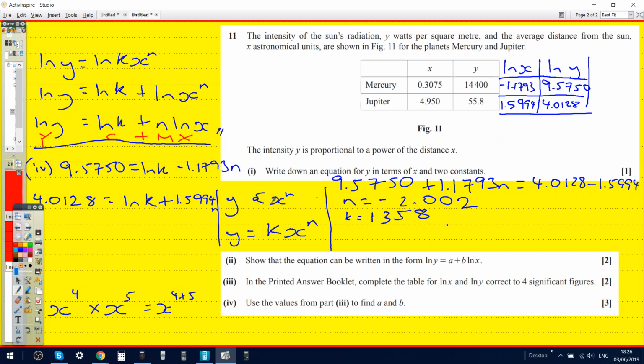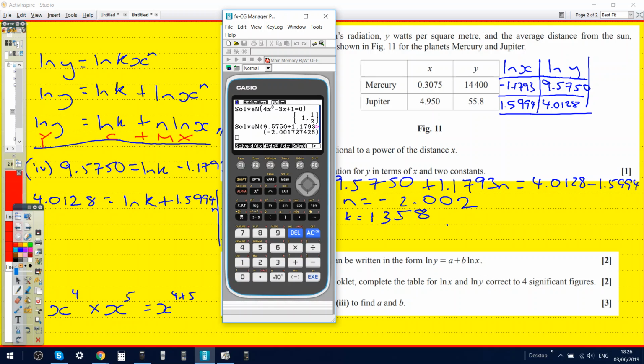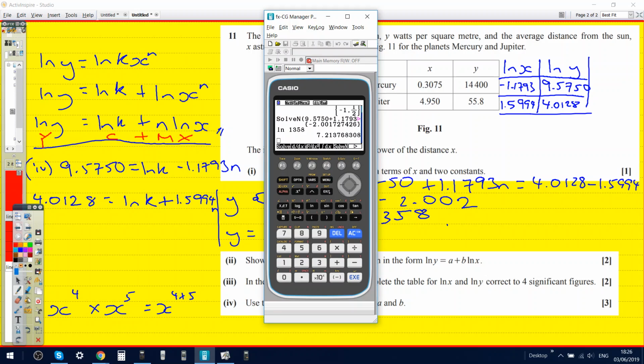Oh, okay. Do you want to do it as well? I'll just see. ln 1358. Yeah, so that's what I got. I'll just try doing solver. So if we get ln K, so that's 9 point.